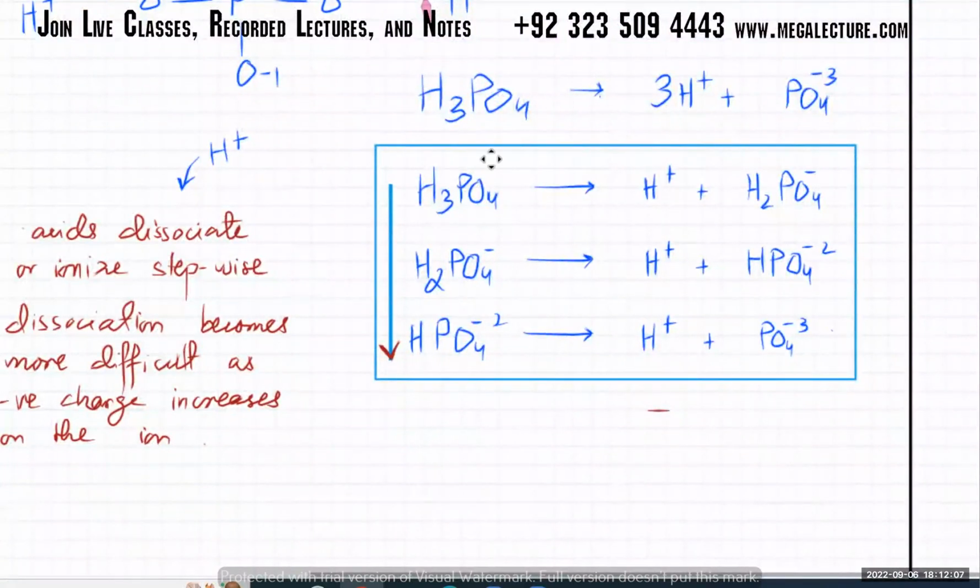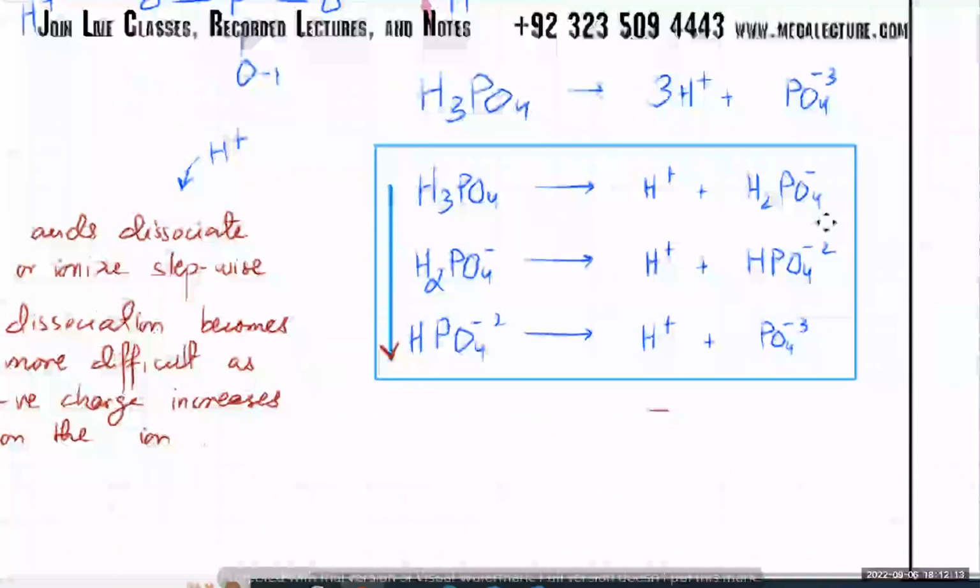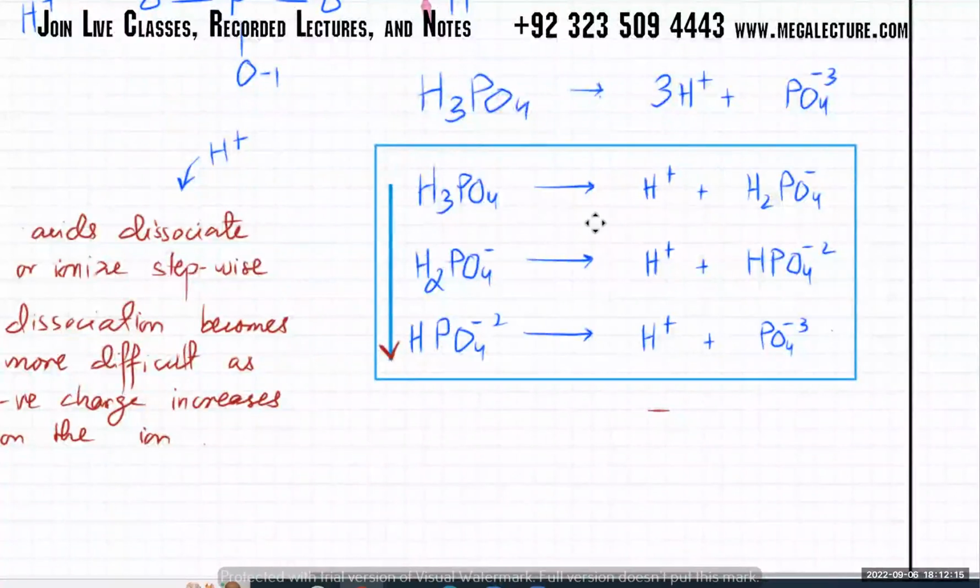You'll have phosphoric acid, it's going to release an H plus 1. Then once that happens, there's going to be another ion that is going to release another H plus 1 ion. And then there's going to be another ion which will be formed, and that will then release another H plus 1 ion. So think of these as 3 separate acids instead of thinking of it as phosphoric acid.